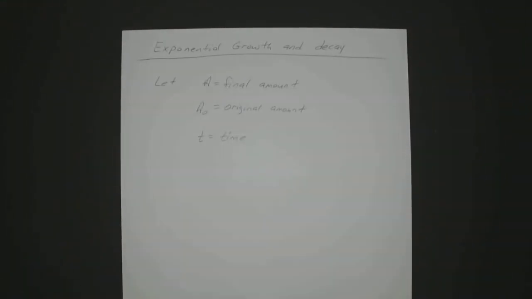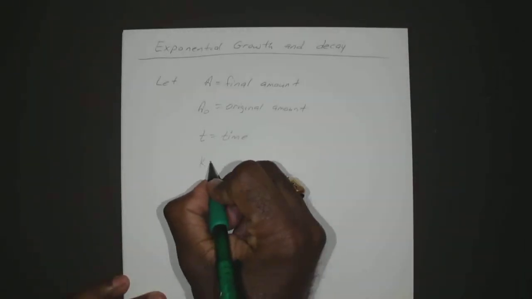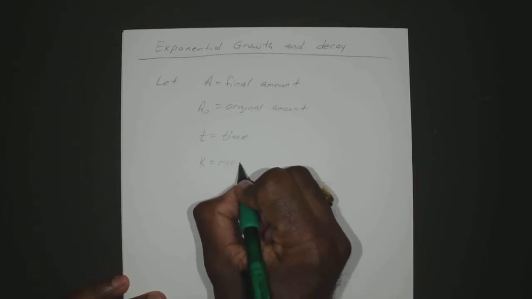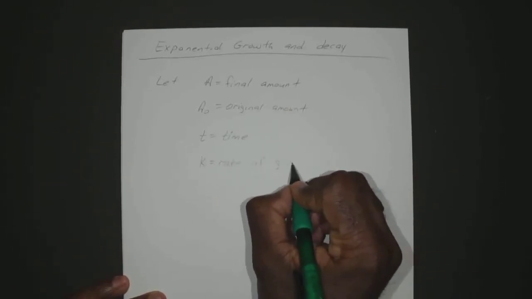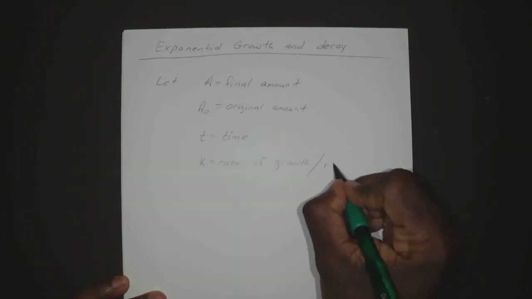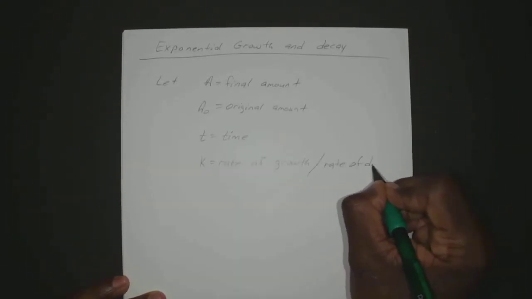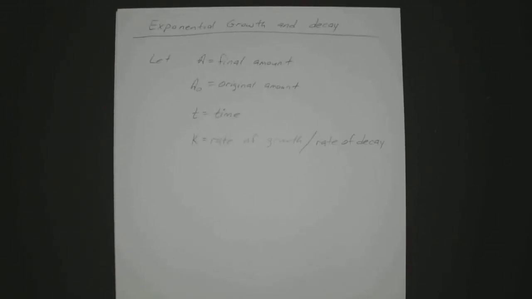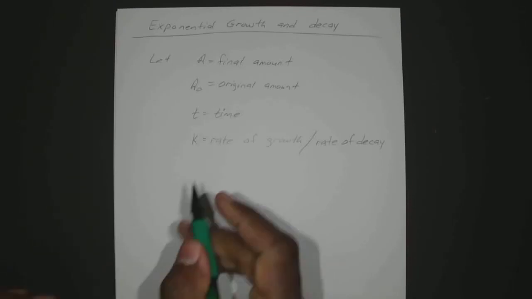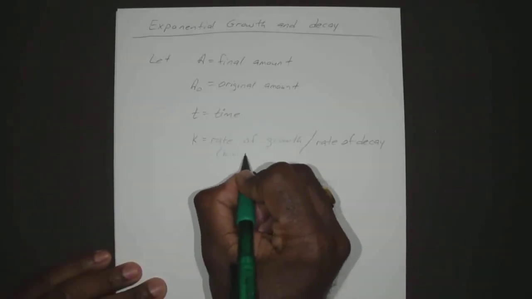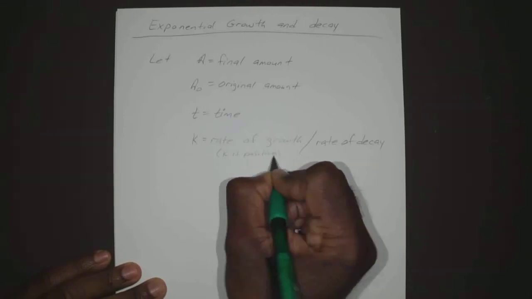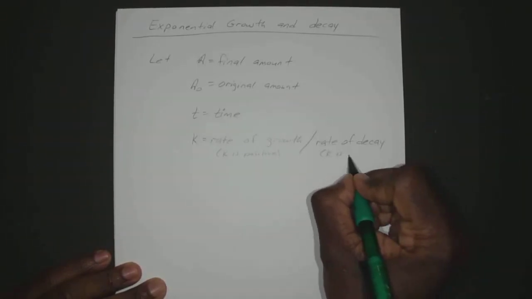But this time could be seconds, days, months, years, it could be anything. In compound interest, it's always years. And we'll let K equal the rate of growth or the rate of decay. The rate of growth is when K is positive, and the rate of decay is when K is negative.